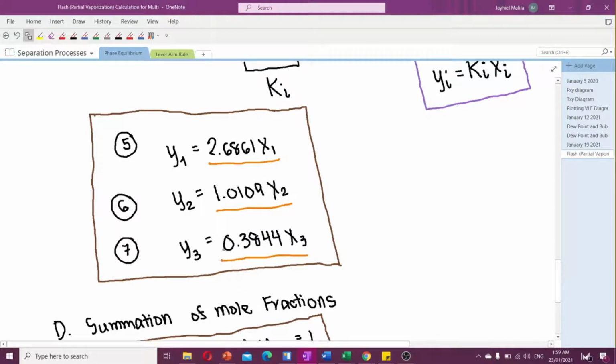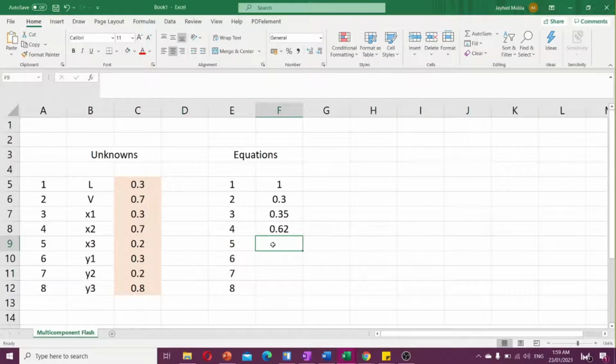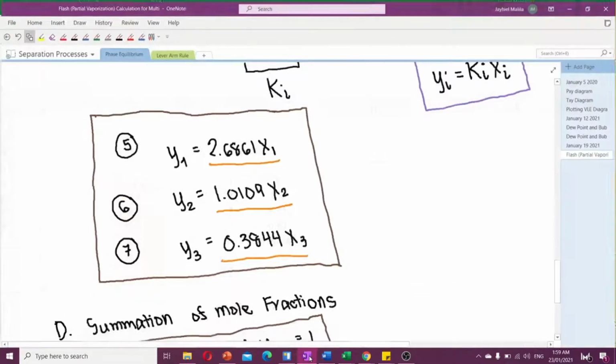I will encode that in Excel. So the first one is 2.6861 times x1. Am I doing it right?